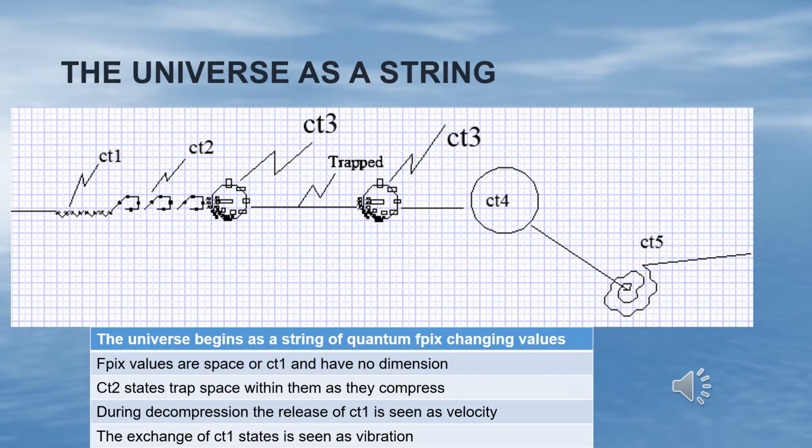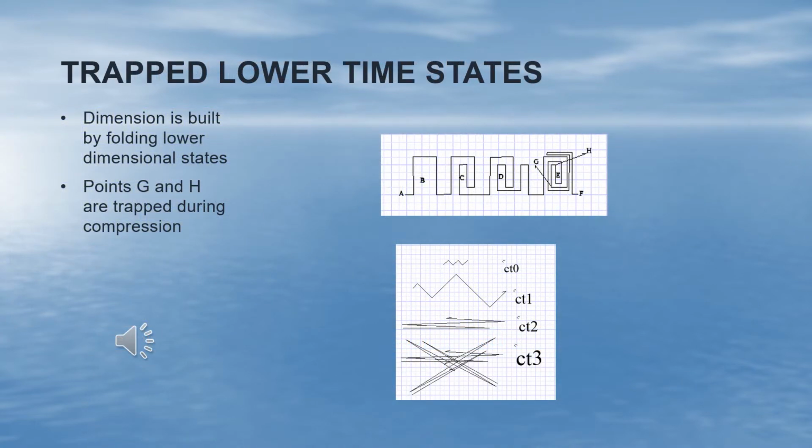The amount of information that can be between two higher CT states grows exponentially the higher the CT state is. This is actually witnessed because if you look at two black holes, which are CT5 states, there is a massive amount of lower state information between them.